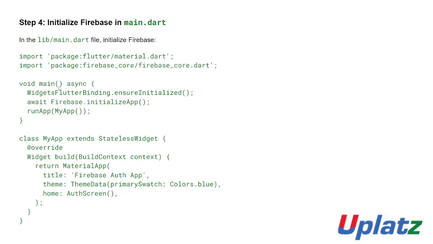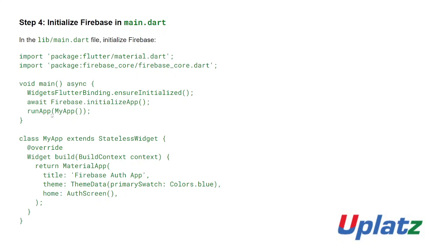Then void main async, it will use the await keyword. Then within brackets, WidgetsFlutterBinding.ensureInitialized(), await Firebase.initializeApp(). This function will connect the Firebase, initializing Firebase before the app will run.